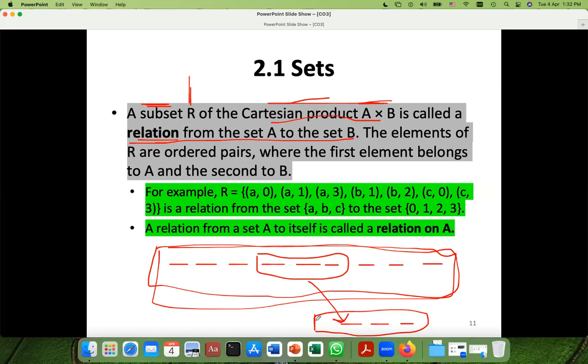Can I say that this is a subset of this whole Cartesian product? Yes. If yes, then I can say that this is the relation, which is the subset. This is the relation for this Cartesian product, and this is the Cartesian product for A and B. So I can say this is the relation from set A to set B, nothing else. This is what is written here.